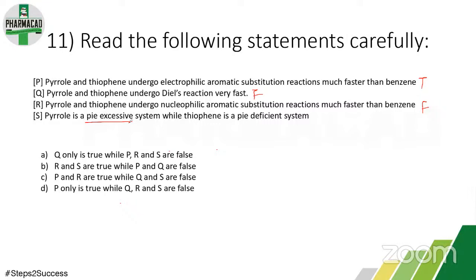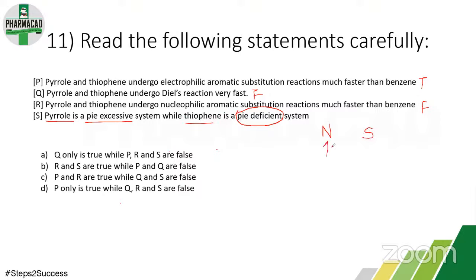But we can't say thiophene is a pi-deficient system, because thiophene is also a 5-membered ring with the electronegative atom, that is sulfur. In pyrrole we have nitrogen and in thiophene we have sulfur.